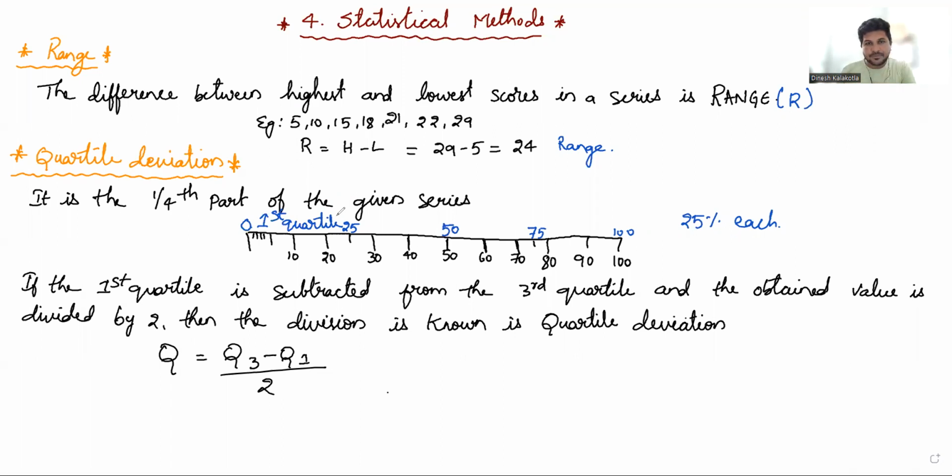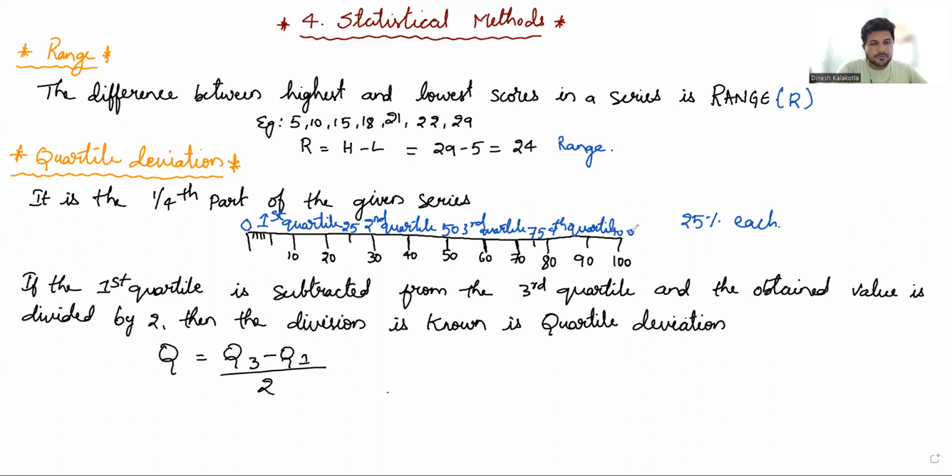From the 1st to the 25th of the given data is the first quartile, from 25 to 50 is the second quartile, 50 to 75 is the third quartile, and 75 to 100 is the fourth quartile. This is how you divide the scores into quarters. One quarter contains 25% of the given data, so you divide them into 4 parts.